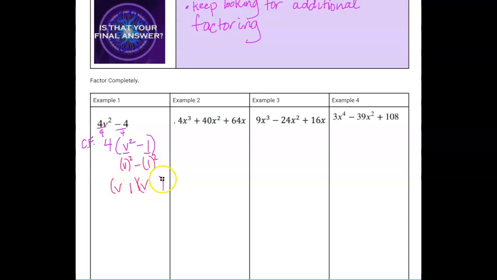And then 1's plus and 1's minus. Now remember, we still have that 4 that we common factored out, so you need to bring that back down. And then we don't have any powers here, so that's really your clue that there isn't any additional factor. So if terms are like x to the first, then you're done.